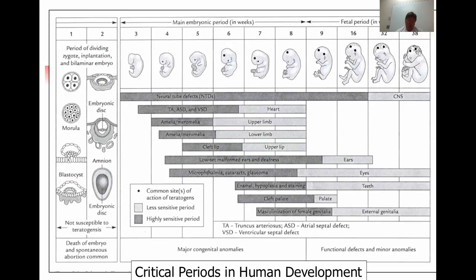However, as it moves into the next few stages, defects or environmental agents can cause problems for certain parts of the body or organs that are developing during that time period. It's what we call critical periods in human development. So if a teratogen, this unfriendly agent, enters the body during a certain time period, it can result in very specific defects to the parts of the body developing during that time period.